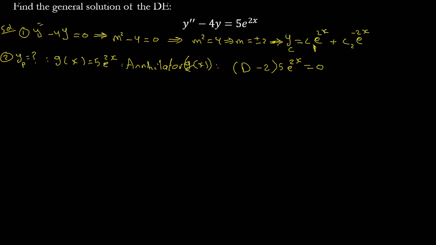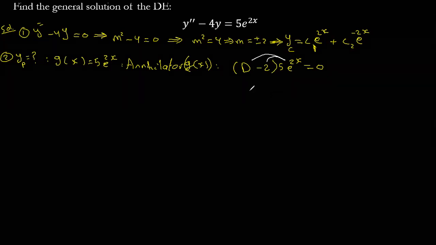Let me check because I need to let all the students understand. No need to check in your exam. If you are sure, no need to check because you will lose time, okay? Only in this lecture I'm going to check because you can apply the rule. So you have to add the rule to your cheat sheet, so in the exam you can immediately decide that I need this one.